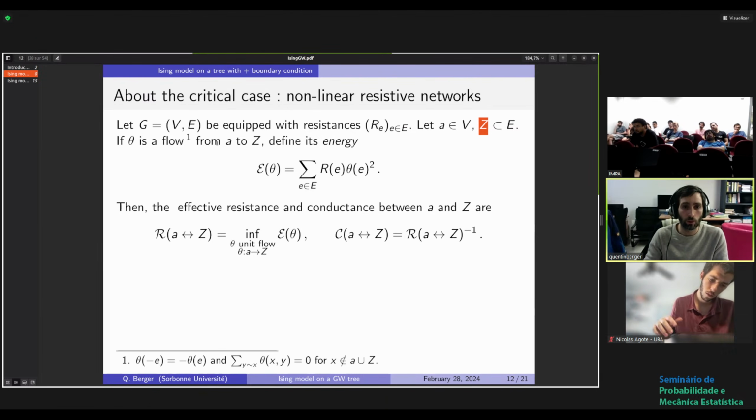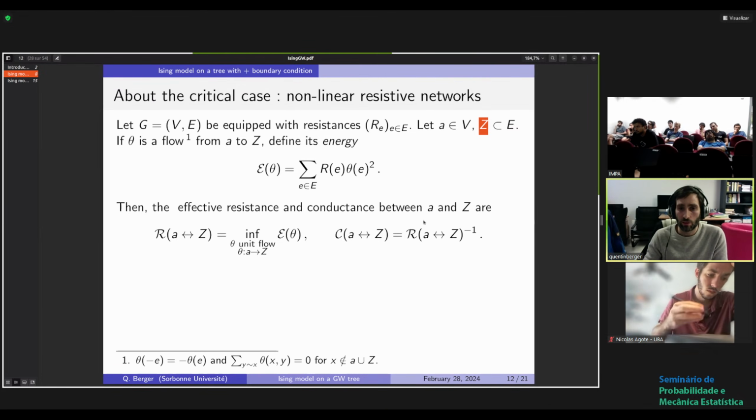So how do you do that? You define a flow from A to Z. A flow is something that's defined on the edges, and the flow across an edge crossed in reverse is minus the flow of the edge. And at each vertex, the incoming flow is equal to the outgoing flow. You can define its energy: you have the resistance at edge e, and you take the flow squared.